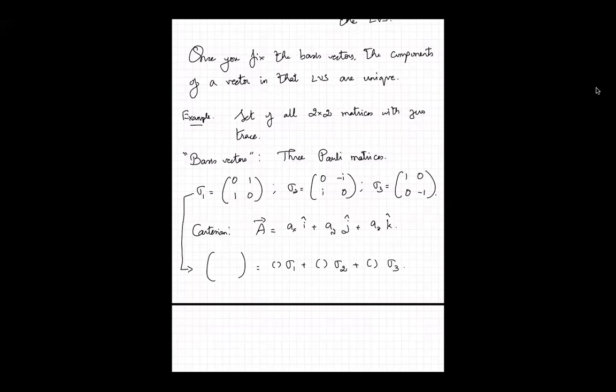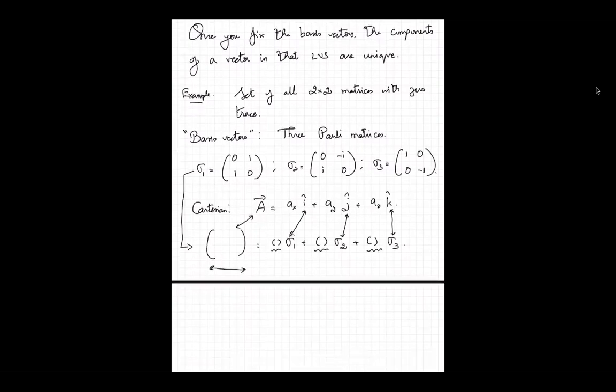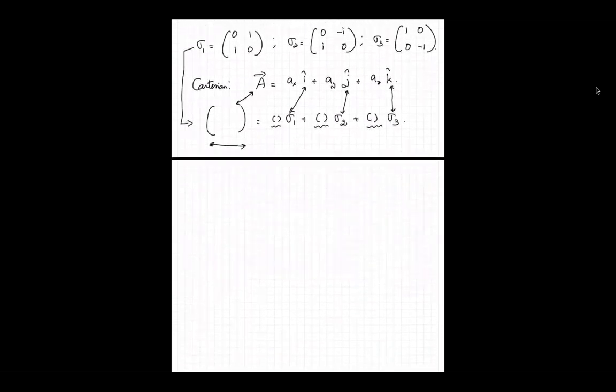See the formal correspondence. Any matrix with zero trace is an example of a vector in this linear vector space, corresponding to the vector A in Cartesian coordinates. Just like i, j, k form the basis vectors, sigma 1, sigma 2, sigma 3 form the basis vectors in this space. Just like A_x, A_y, A_z are the components of this vector, these three numbers are the components of this one. Let us satisfy ourselves that this is indeed true. I'm not making it up.